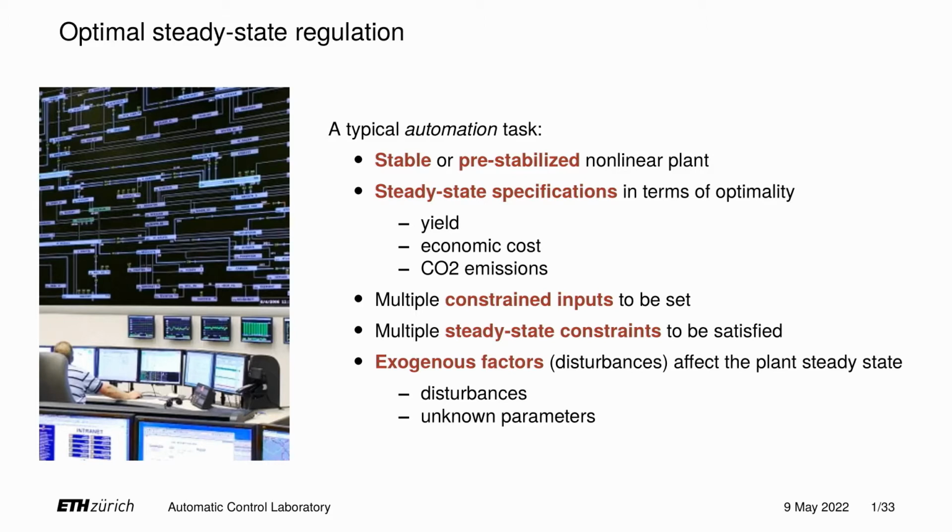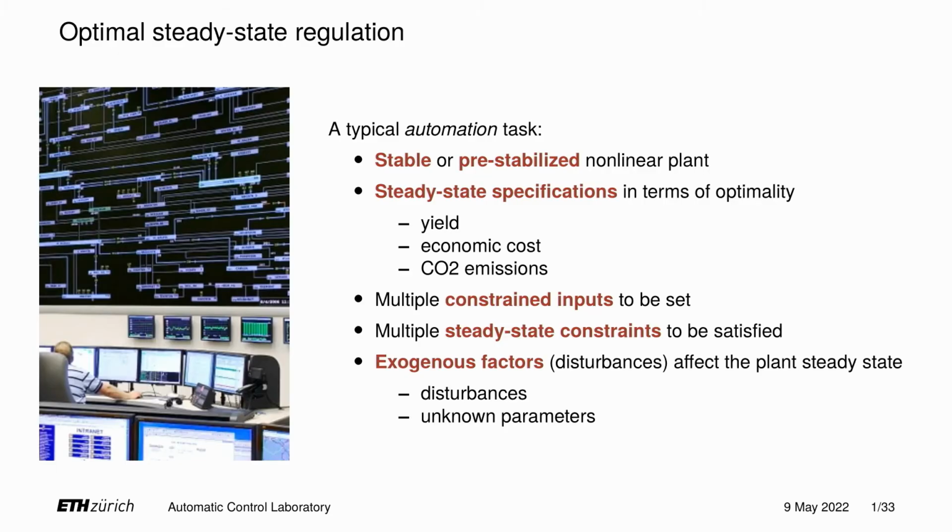And these steady-state specifications are typically in terms of optimality. It could be yield of a process, it could be economic costs, CO2 emissions, or if you want to include more externalities. The difficulty of the problem is that you have to set multiple constrained inputs, and you need to make sure that some of the states of the system, at least at steady state, satisfy some constraints.